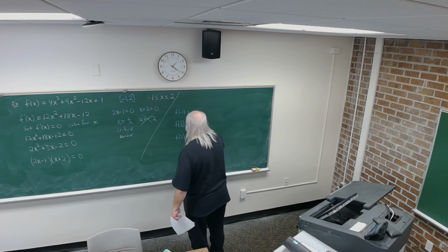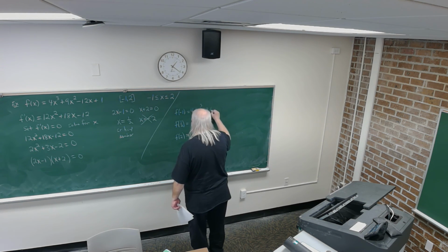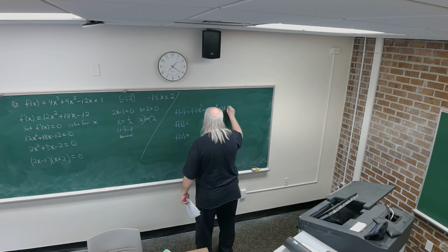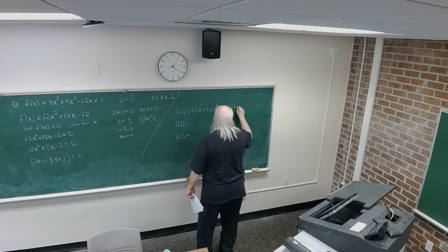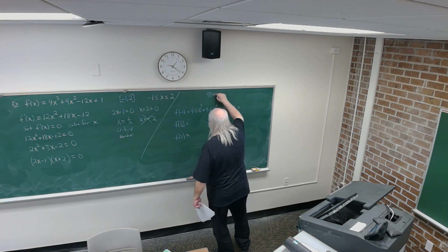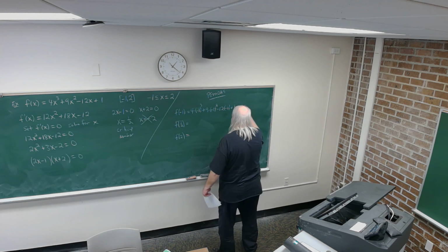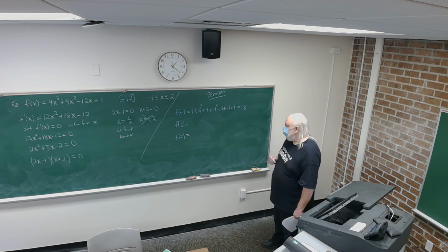So we have f of minus 1: 4 times minus 1 cubed plus 9 times minus 1 squared minus 12 times minus 1 plus 1. When I did all that arithmetic, following PEMDAS, I got 18. So the value of the function f at x equals minus 1 is 18.